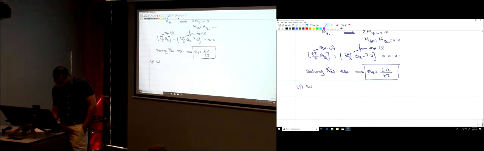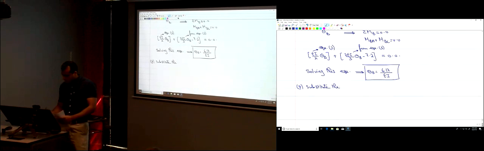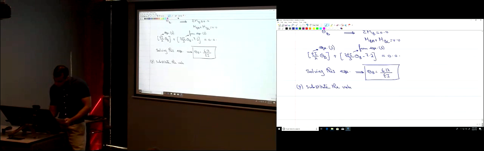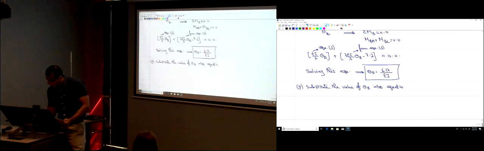So substitute the value of theta b into equations 1 to 4.